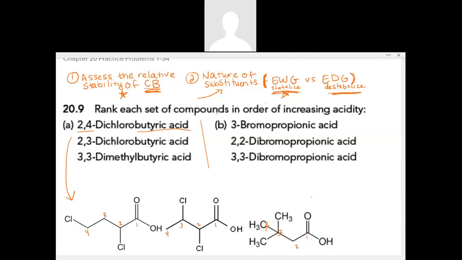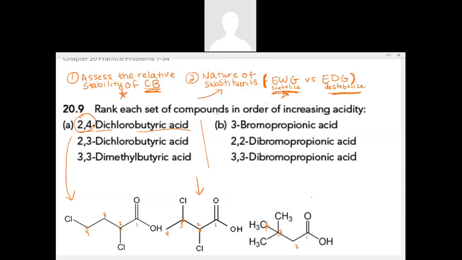We have 2 electron withdrawing groups at carbons 2 and 4 here, versus 2 electron withdrawing groups at carbons 2 and 3 here. So this acid here in the middle will be the strongest of the 2 acids because of the proximity of those electron withdrawing groups.